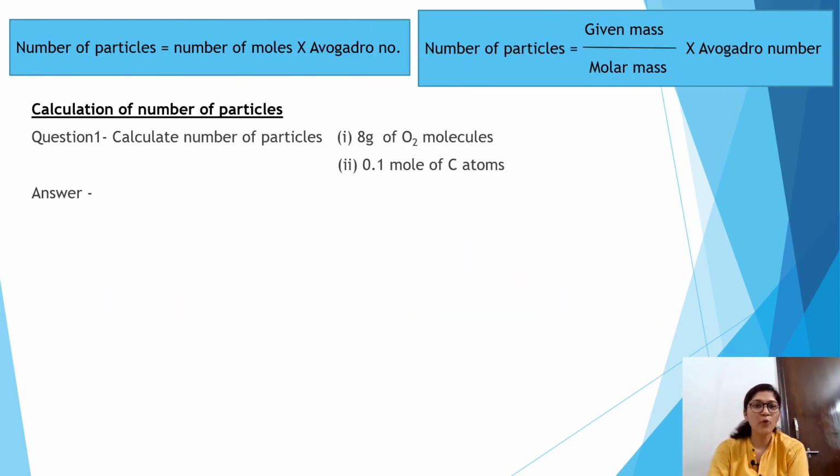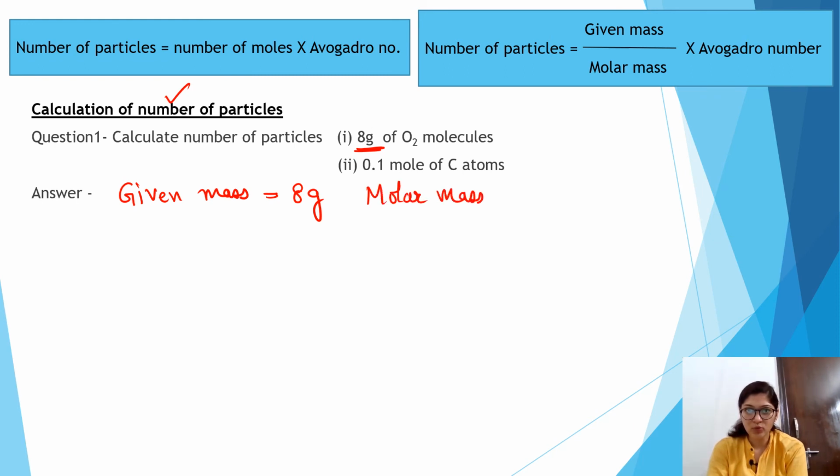The third most important type is to calculate the number of particles. If the given mass is given to you, how you can calculate the number of particles? So we have given mass is 8 grams. We have to calculate the molar mass of oxygen. So 2 into 16, that comes out to be 32. Now put the formula to calculate the number of particles.